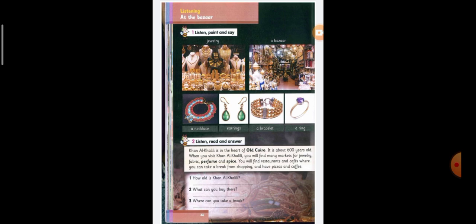Number 1, how old is Khan al-Khalili? Can you answer? Yes, it's about 600 years old. Write the answer, please. Number 2, what can you buy there?